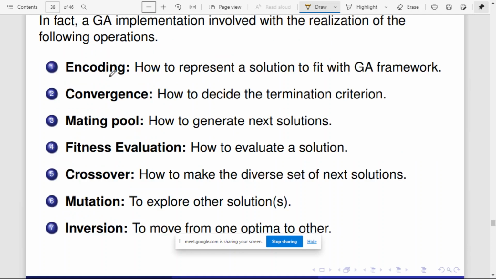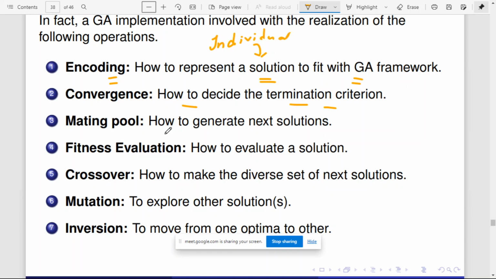Encoding means how to represent a solution to fit with the GA framework. Here solution means individual. In the set of population, each individual is a possible solution. How to represent that solution in a GA framework is called encoding. Convergence means how to decide the termination condition, when the algorithm will terminate.